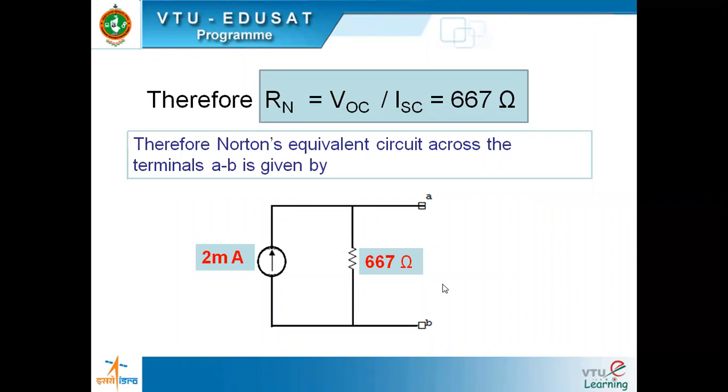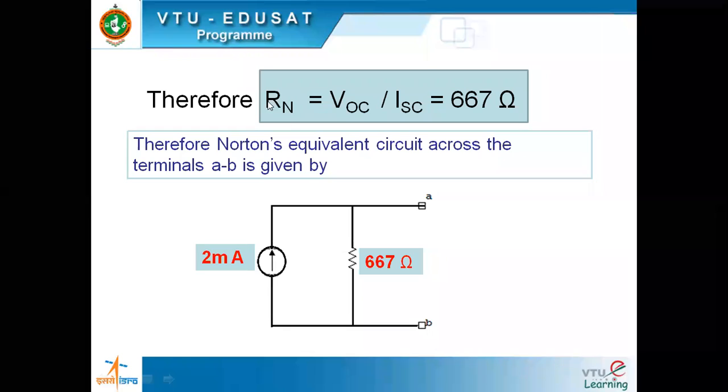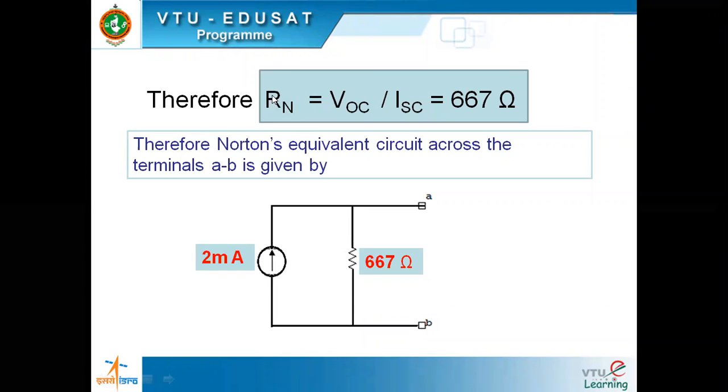Unknowingly, we have found out something else also. What is that we have found out? See here, RN they say, right? And I've told you RN is RT only. The Thevenin's resistance and Norton's resistance are the same.